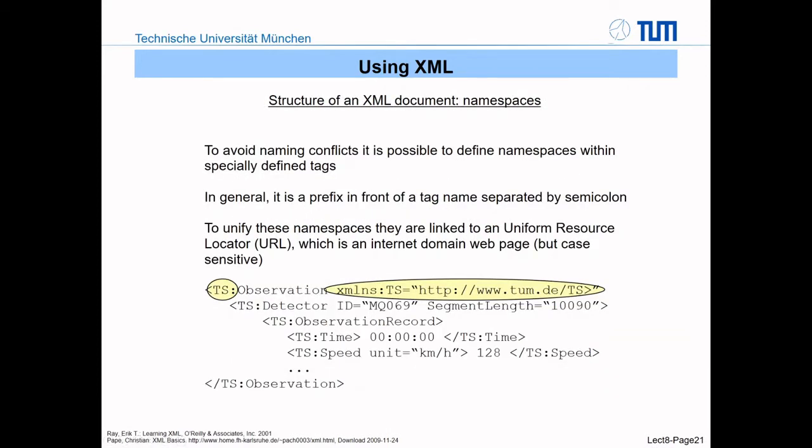So XML also has some additional possibilities. For example, if you have the situation that different developers use the same names for the tags or for the markups, then you would have the problem that you have different representations, and then you have problems if you combine these different representations.